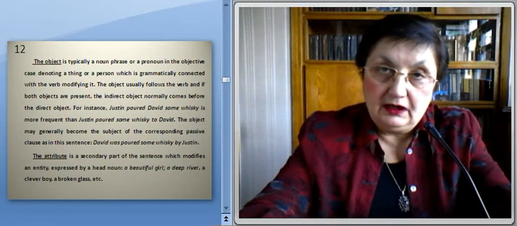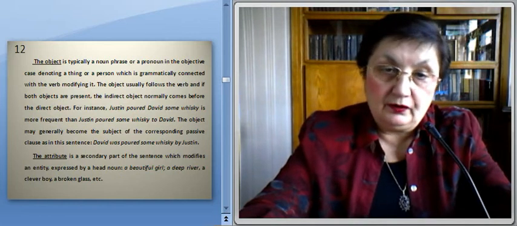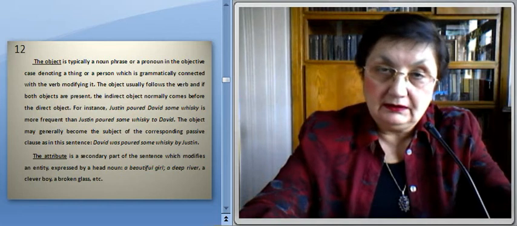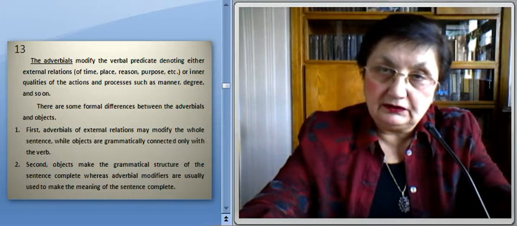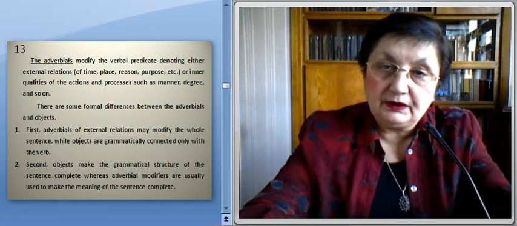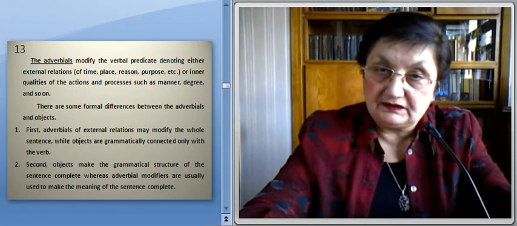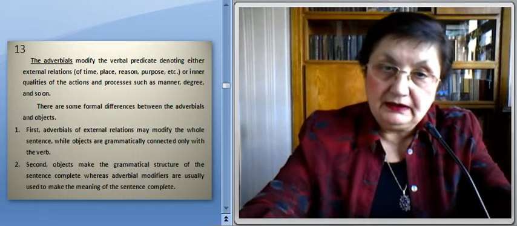The adverbials modify the verbal predicate denoting either external relations such as time, place, reason, purpose, etc., or inner qualities of the actions and processes such as manner, degree, and so on. There are some formal differences between the adverbials and objects.